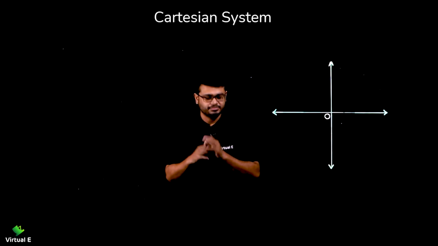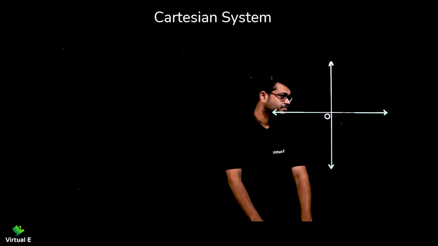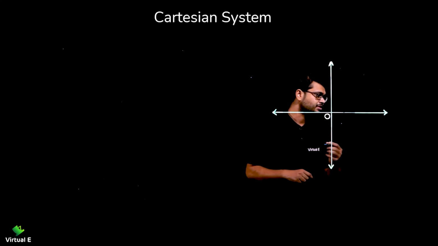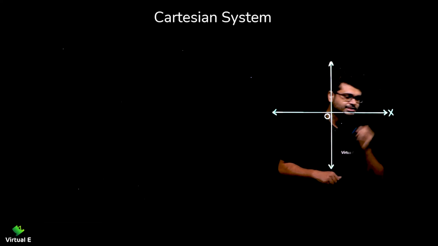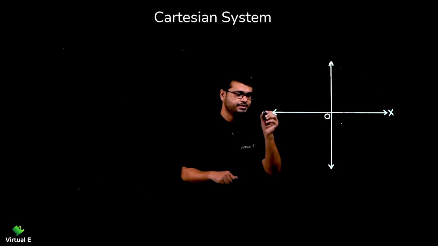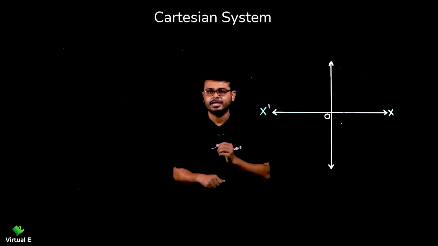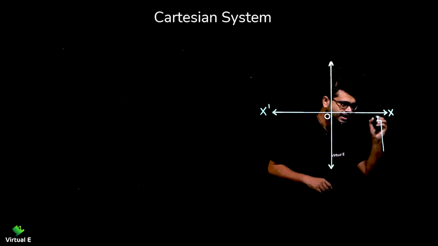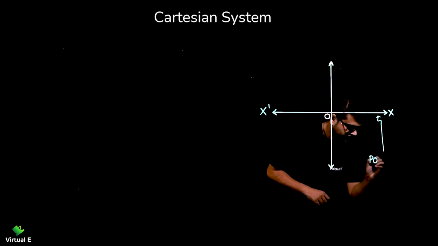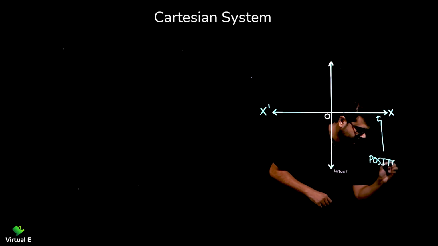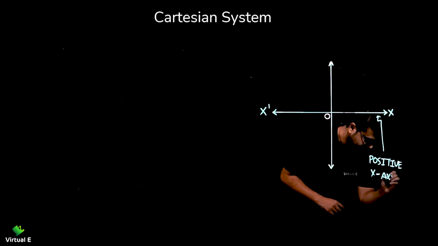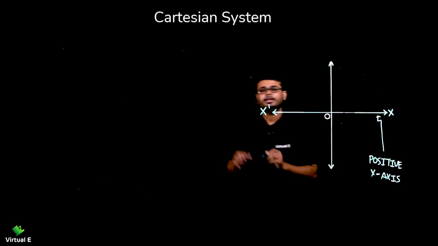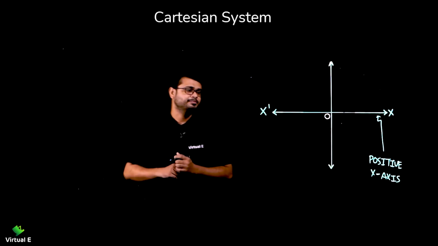Now, what are those names? Let's start with the names. First of all, this is x, positive x, and here it is x dash. This means that it is the positive x-axis. Now you must be thinking what is an axis over here.